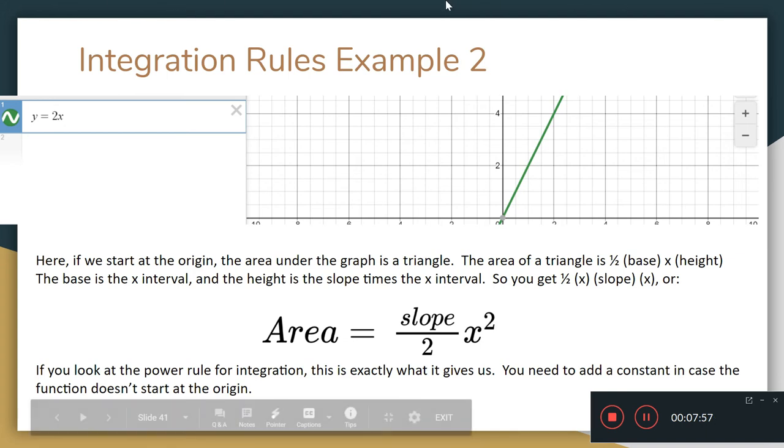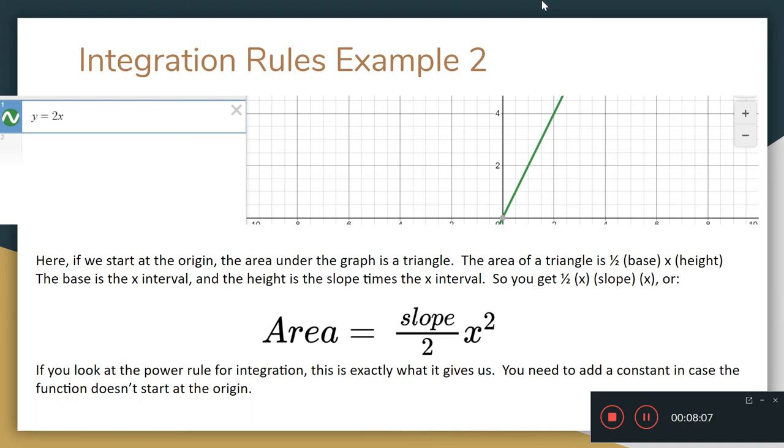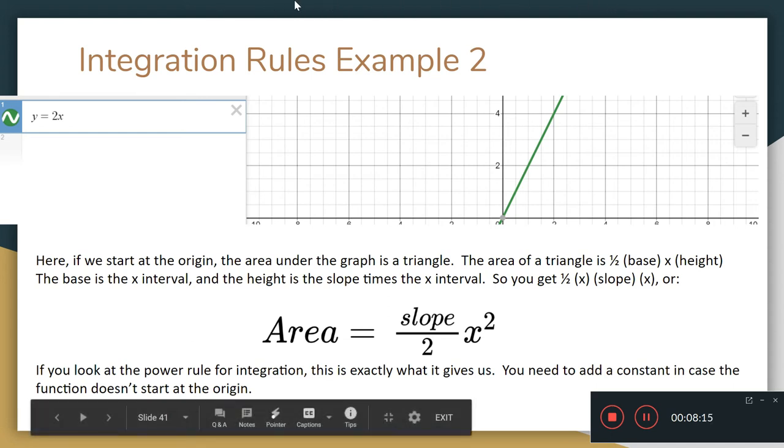The base is the x interval, whatever x value we have, and the height is the slope times whatever the x interval is, because this is a straight line. So we get 1/2 times x times the slope times x again. We can write it this way: area equals the slope over 2 times x squared.